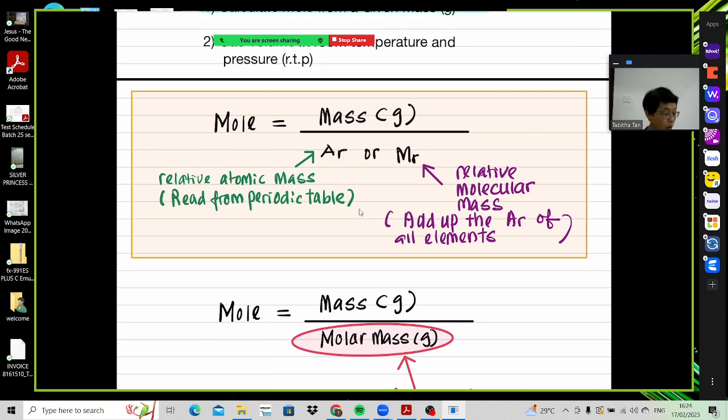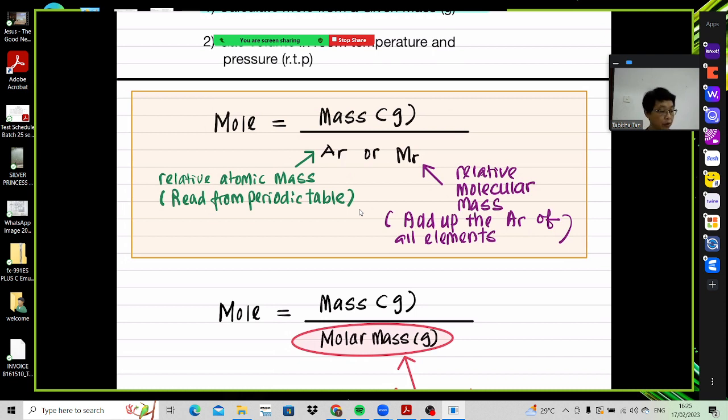In short, all that you need to know is mole equals mass over AR or MR. One more time, let's revise that: mole equals mass divided by AR or MR. In that way, you can easily find the mole.